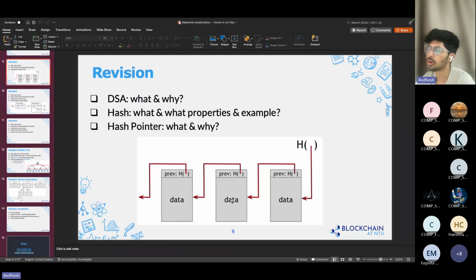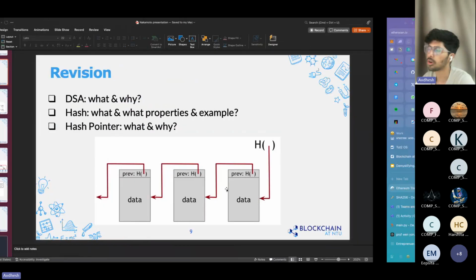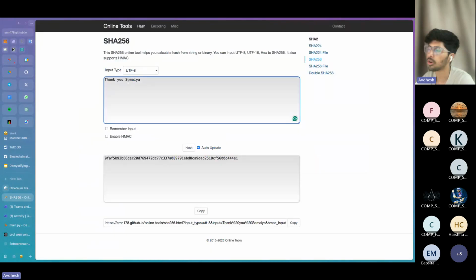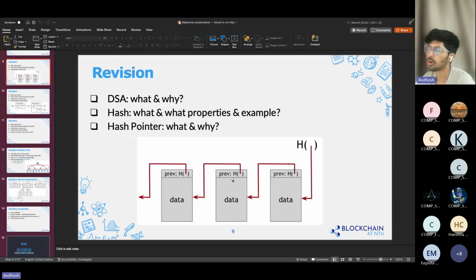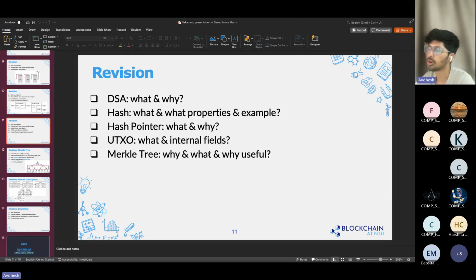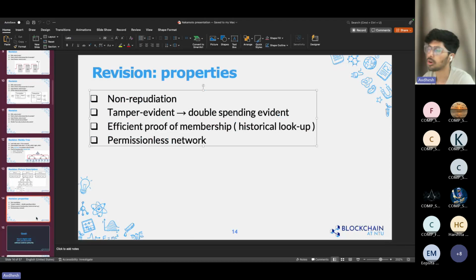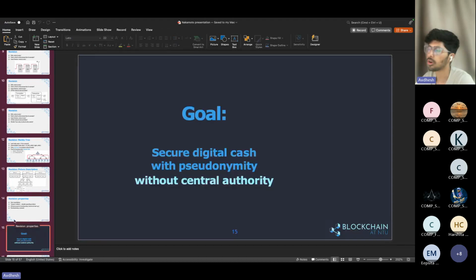So if we tamper with the data, as we saw with SHA-256, even a small change will generate a completely new hash, and hence it will create a whole other chain. So that's what we learned. Efficient proof of membership was the transaction root that we did with the Merkle tree. And there's a permissioned network, which we'll be going through later.